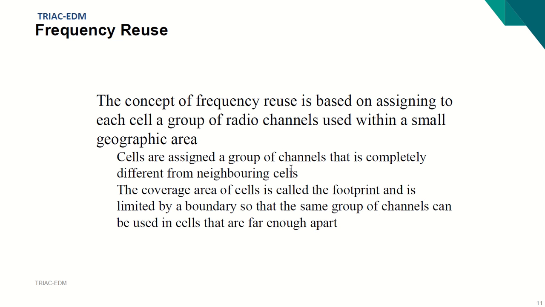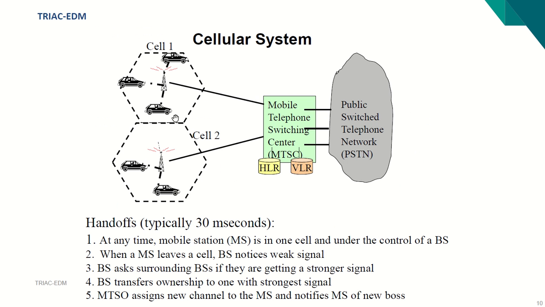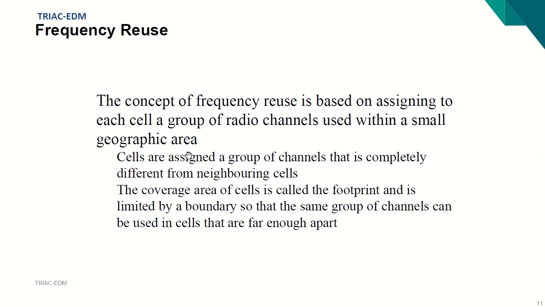So for example, when this base station is using some channels, those channels cannot be used by this cell, right? The reason is that if the neighbors are using the same set of frequencies, they interfere with each other. So that's why cells are assigned a group of channels that is completely different from neighbors.